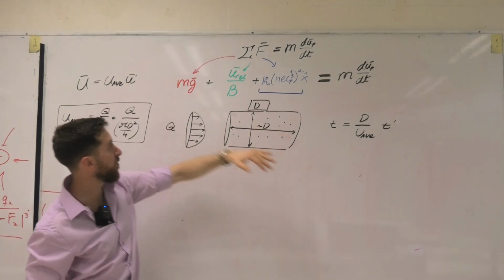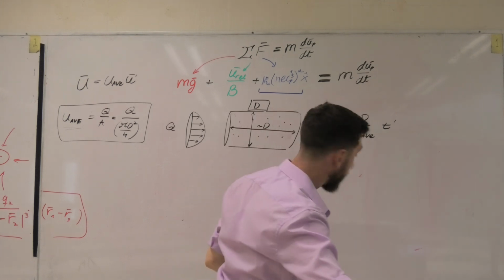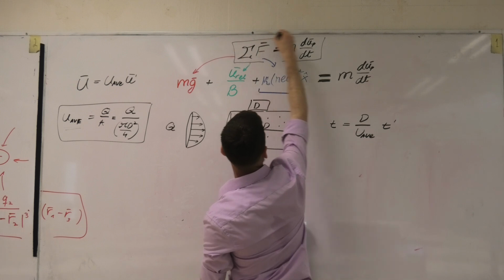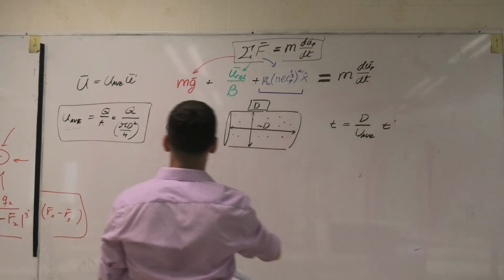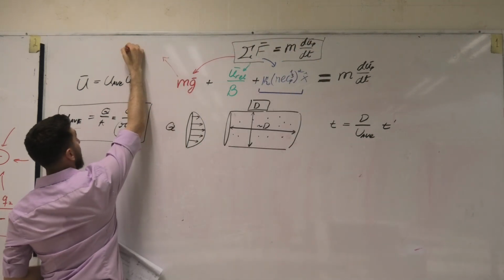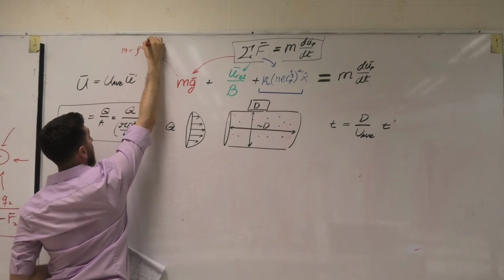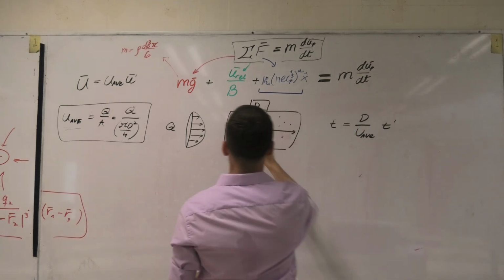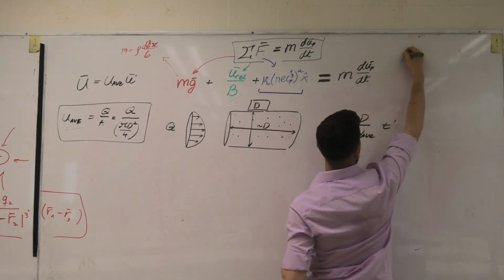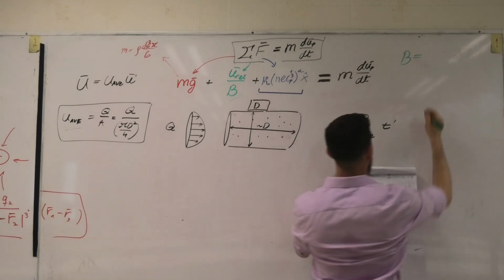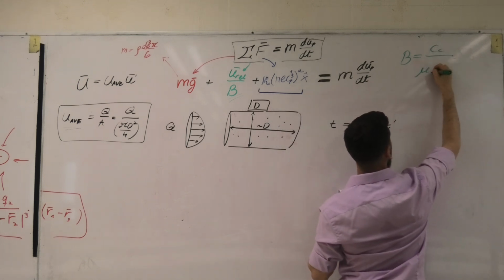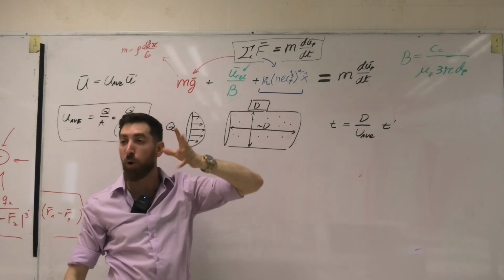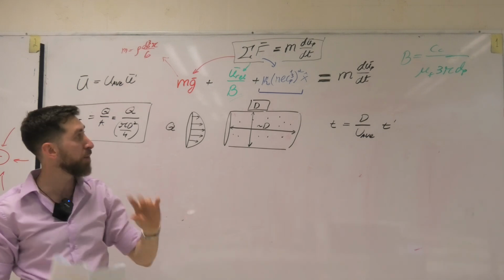So if we plug everything into this equation, Newton's second law, just to remind people that don't remember it, m is the density of the particle multiplied by the volume, and B here is the mechanical mobility, it's Cc over mu of the fluid, 3 pi diameter of the particle, and maybe a correction factor for the shape and stuff like that.